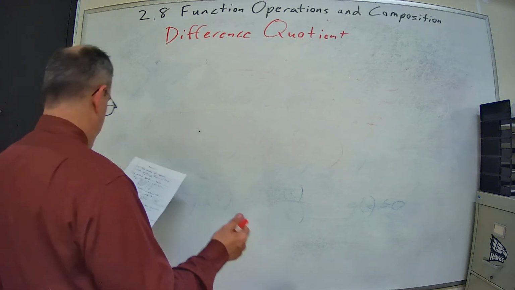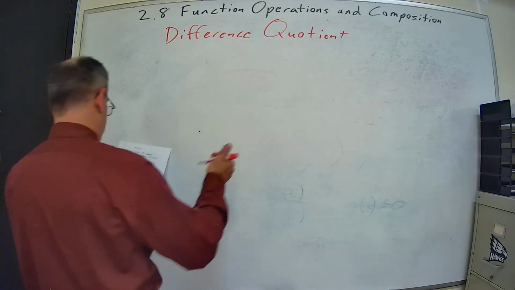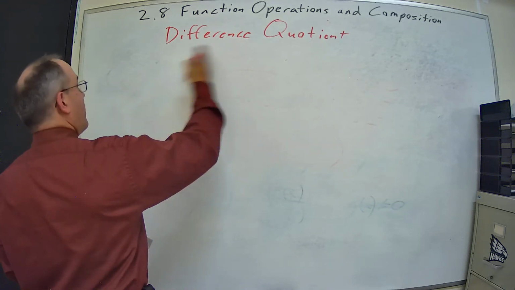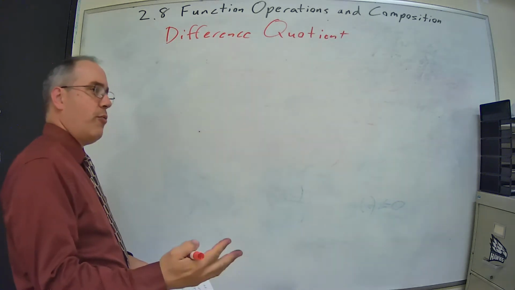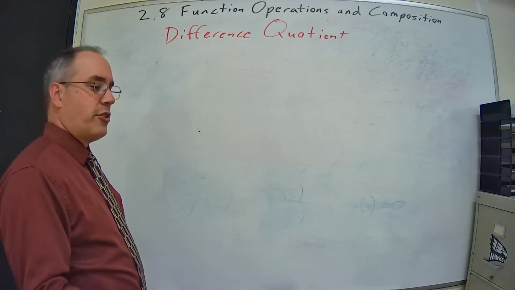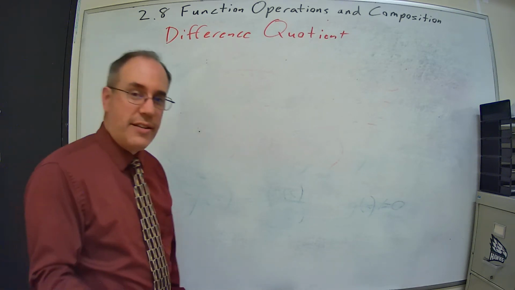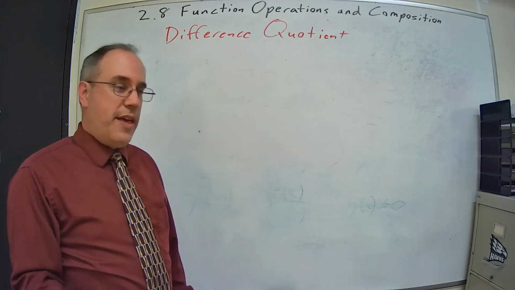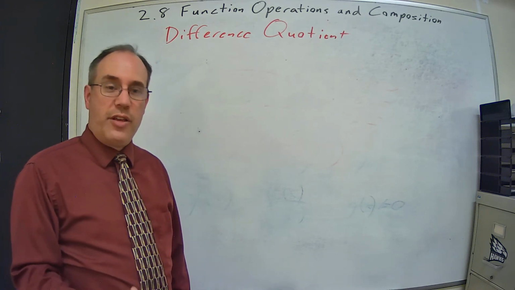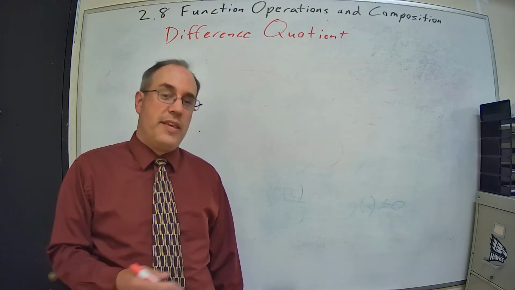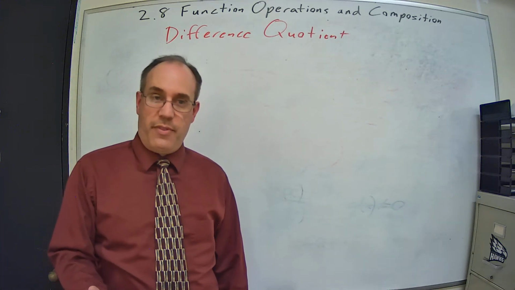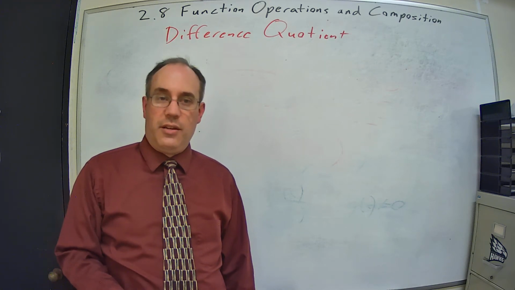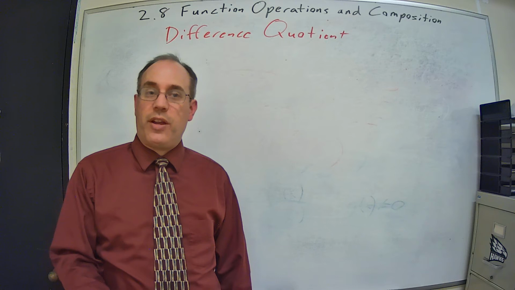If you're dealing with a function and you are looking at 2 points on that function, then we know that we can find the slope or the average rate of change. Right? The difference quotient is really the slope or average rate of change.